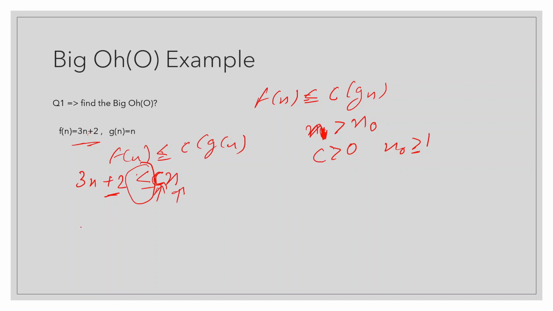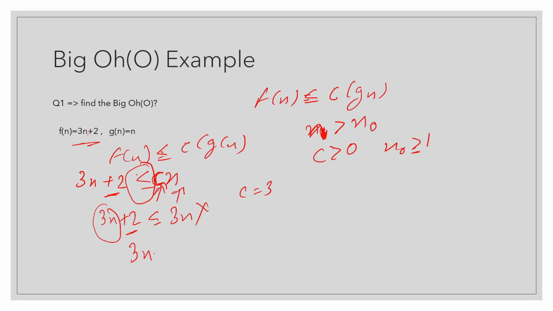If we put c equal to 2, you see 3n, is there any condition where cn plus some value is less than cn? No, it is totally wrong.